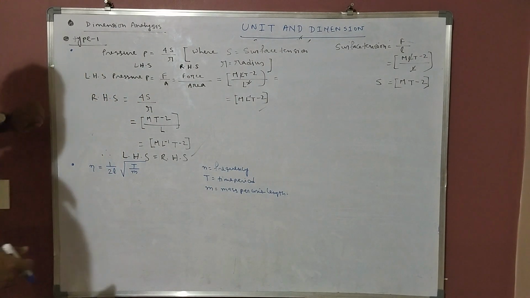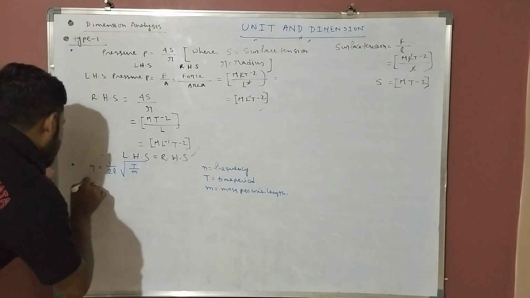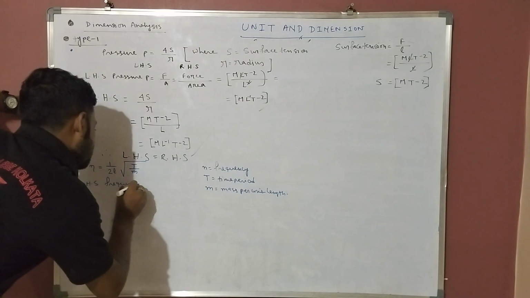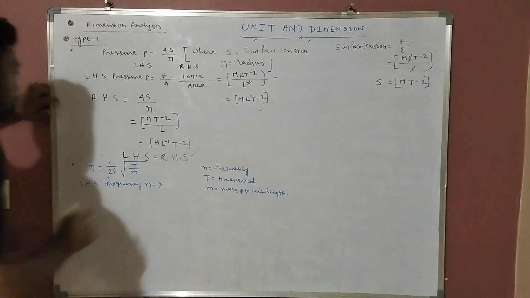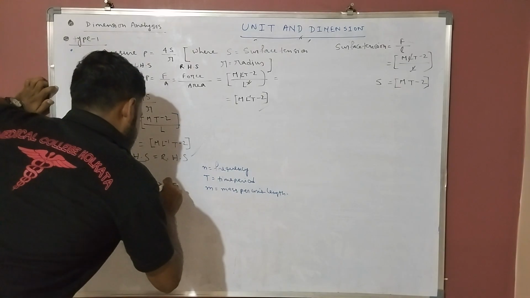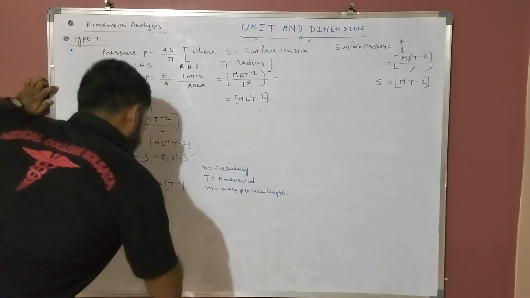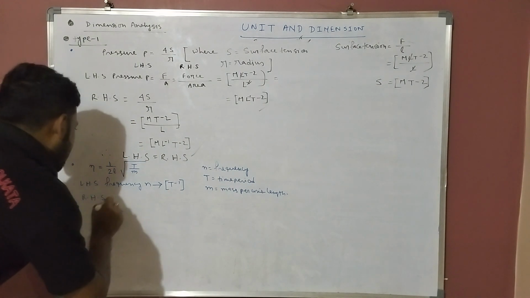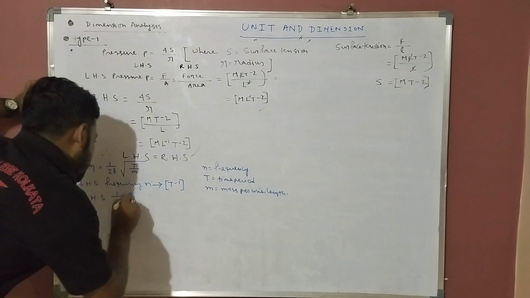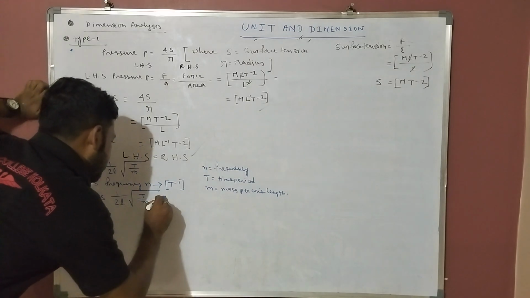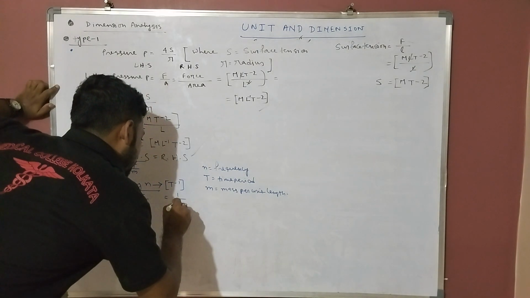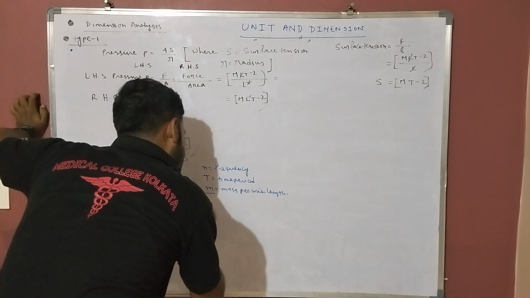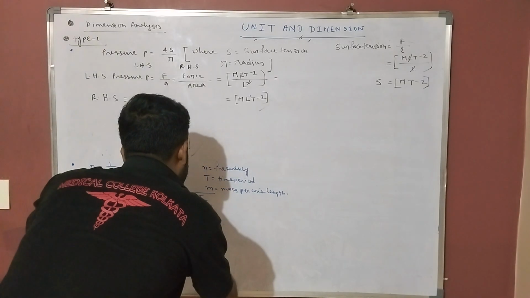So in the same process, left hand side and right hand side. Left hand side, frequency n. The dimension of frequency n, we know, is T to the power minus 1. Right hand side, 1 by 2L root over of T by M. 2 is constant, and T is time period and M is mass per unit length.